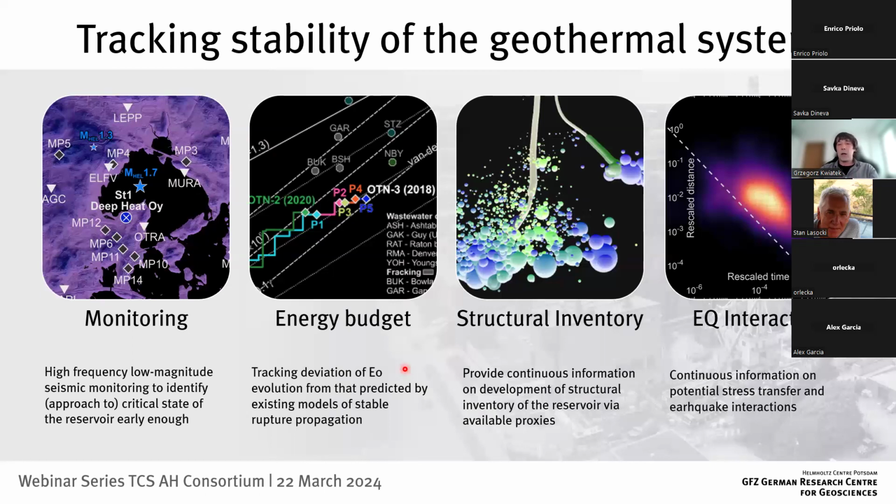These features need to possibly track the potential deviation of the seismic energy release from that predicted by existing deterministic or statistical models of stable rupture propagation at a very high resolution. These parameters need to provide continuous information on the development or unexpected development in the structural inventory of the reservoir, for example, that we are hitting or approaching a fault. And finally, they should inform in ample time on earthquake interactions that could emerge from this fault, or from any unexpected acceleration in the seismic process.